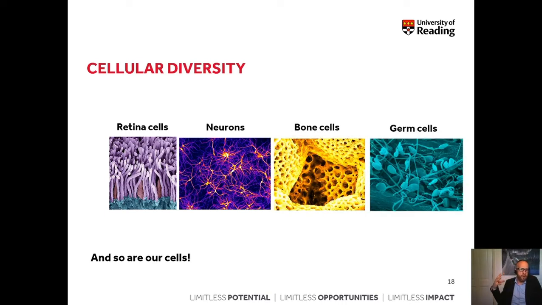We have bone cells that provide us with stability, we have neurons that are crucial elements of the central nervous system, we have retina cells that are important in our vision. As you can see here, those cells do look slightly different, and also they do have very different functions. Some of those cells are even able to move, like sperm cells.